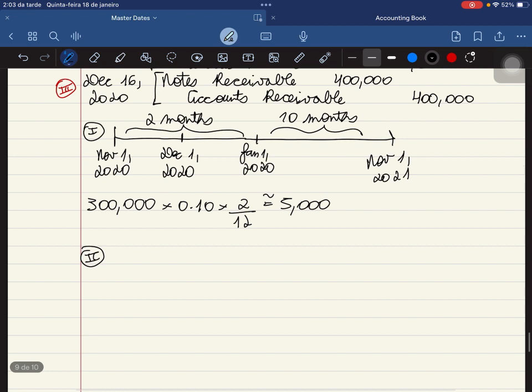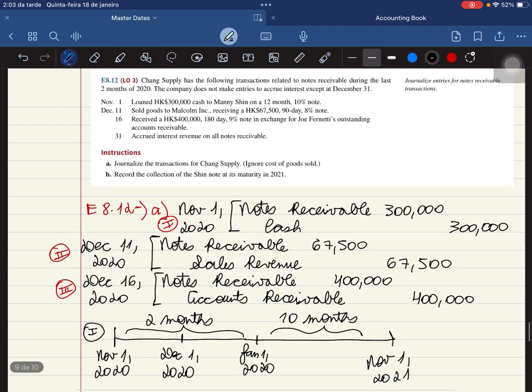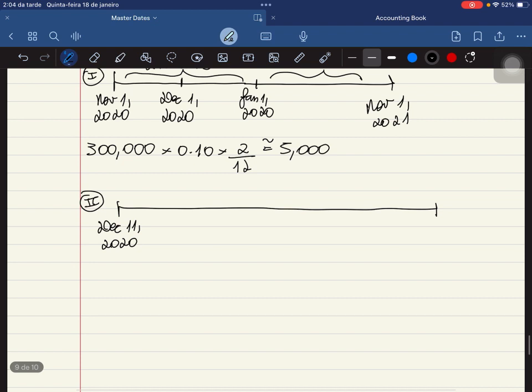The note we got was on December 11 of 2020, and it is a 90-day note. From December 11 to December 31st, 20 days have passed, right?